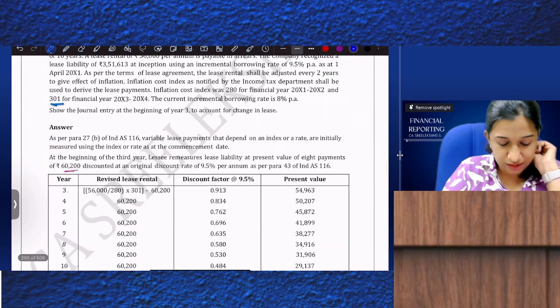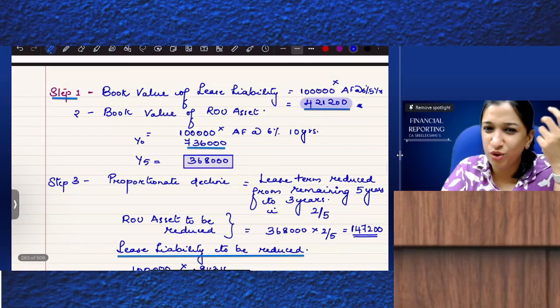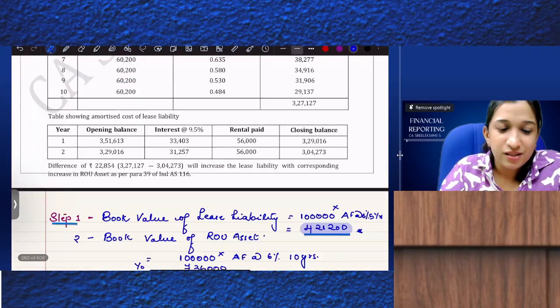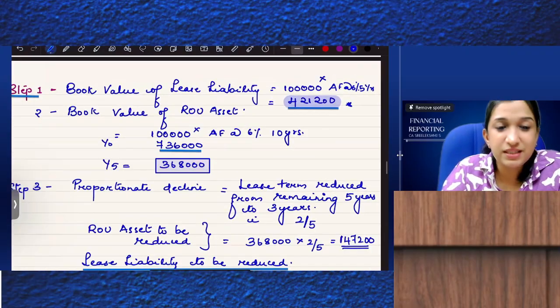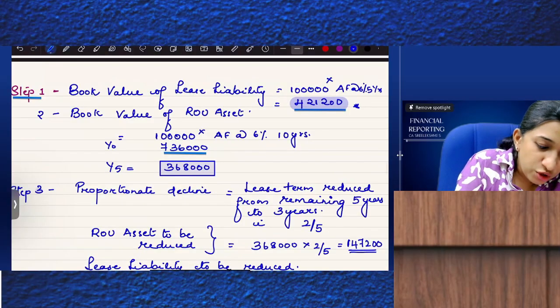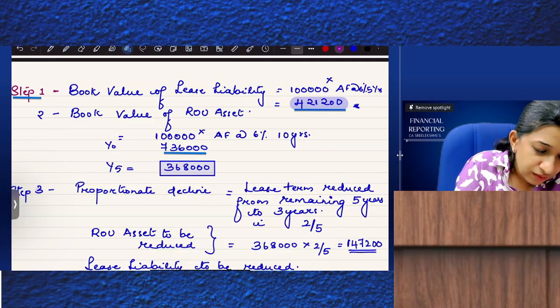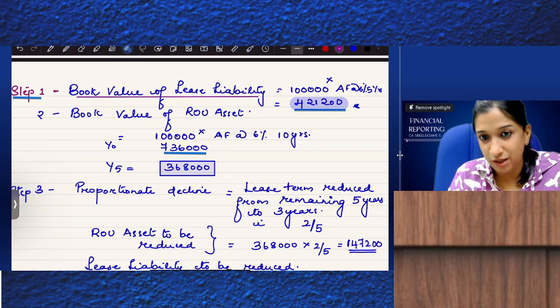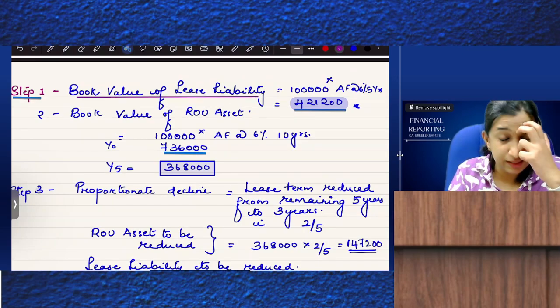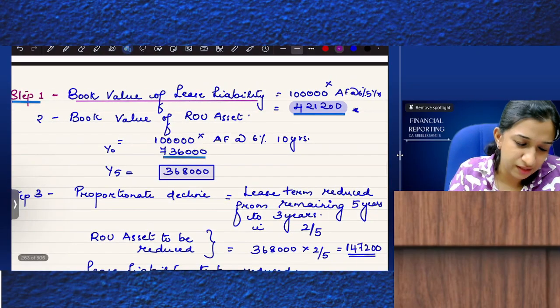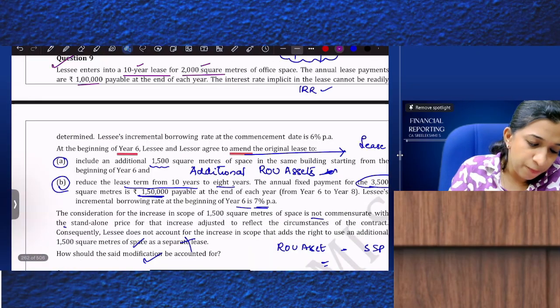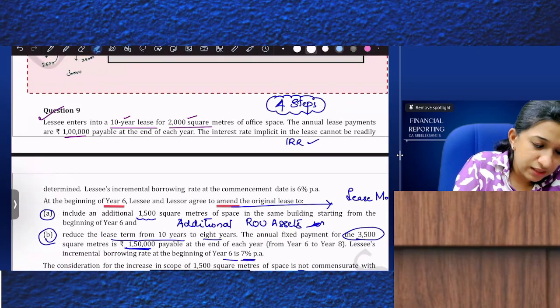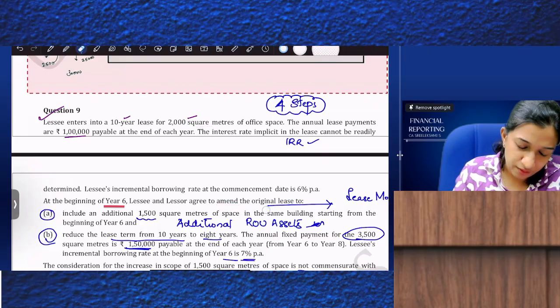Step number 1. If you want to try, we'll just have a look. What is my step number 1? Your step number 1 is the book value of lease liability. You have two methods of calculating it.